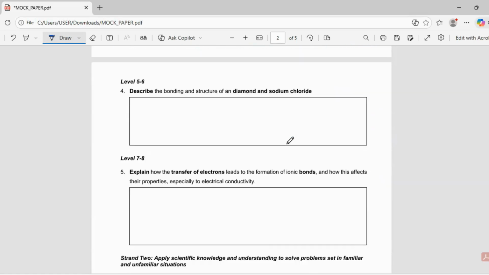And then the next problem, number 4, the difference between diamond and sodium chloride. Diamond is giant covalent. So you have to memorize that. Giant covalent, of course, will have covalent bonding. And what's the name of the structure? For this, you have to memorize, because this one is related to understanding of the structure.